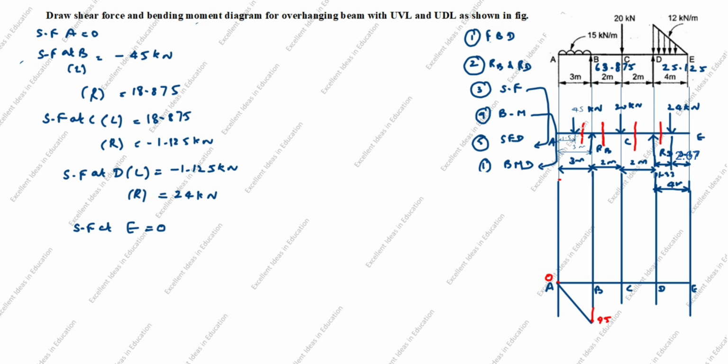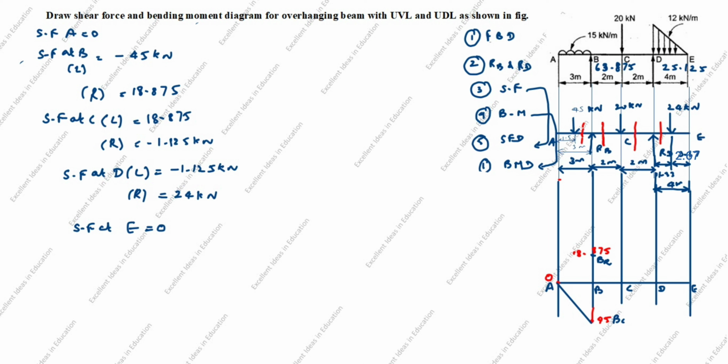Next, shear force at BR. This is BL. BR is 18.875, that is plus. So plus 18.875 is here. This is BR.